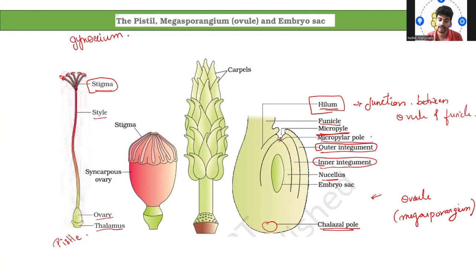This is a basic thing. So the integuments enclose the nucellus, and the nucellus has abundant reserve food material.